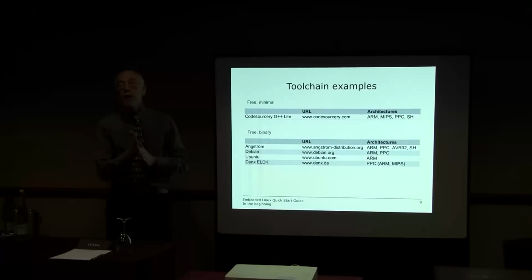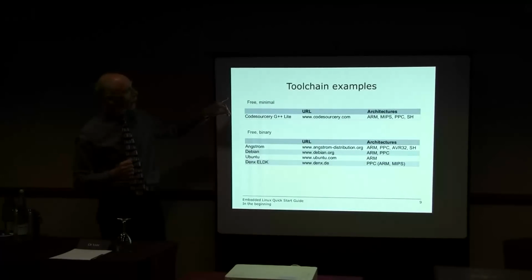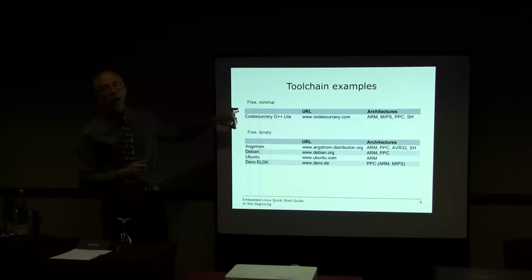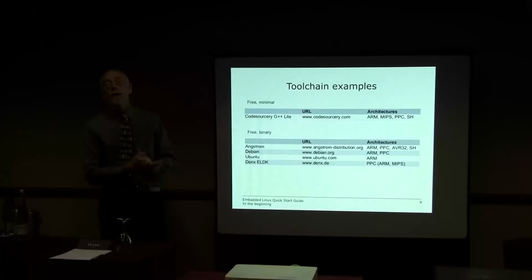The guys at Co-Sorcery know a lot about cross-compilers and how to create these things, but it is a minimal toolchain that you'll get from them. It is just the four things I mentioned. It's the binutils, the C compiler, the libc, and a debugger. So if you take that choice, you've got quite a lot of work to do to fill in the gaps.